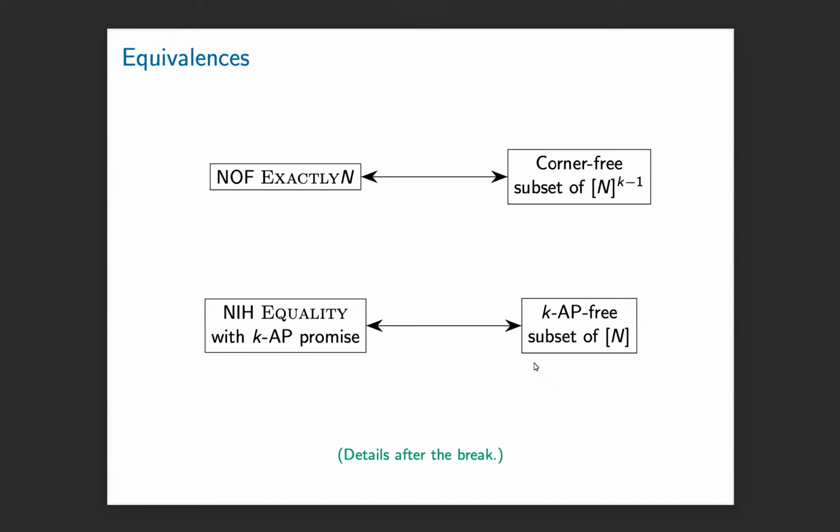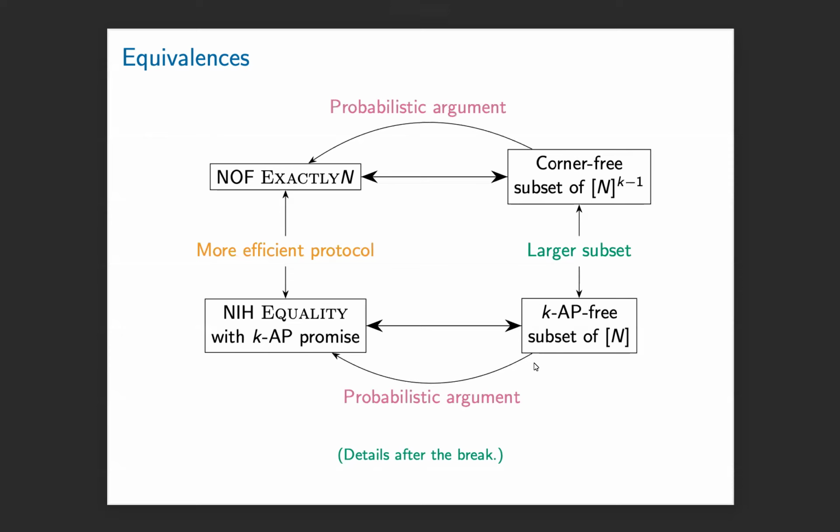Now, what do I mean by equivalent? I mean that if we have a larger subset in the additive combinatorics model, we have a more efficient protocol in the communication, and vice versa. And I just wanted to mention that going one direction is a fairly easy argument, but going the other direction requires a probabilistic argument. Okay?